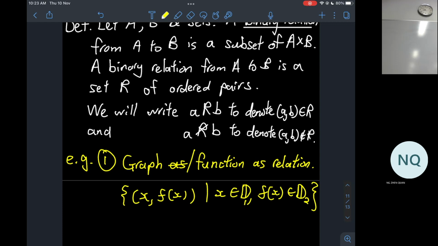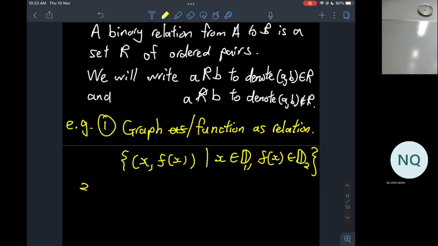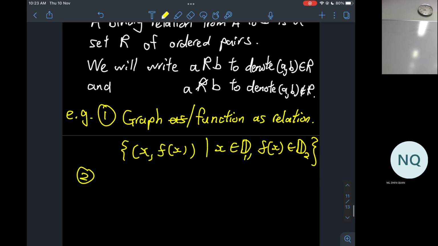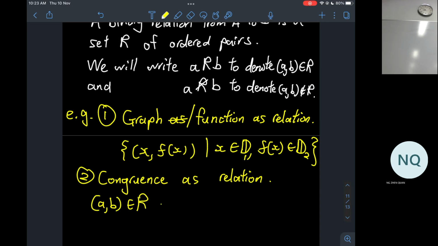Between sets, what are other relations? For example, congruences. We just finished studying that last week. The exam just passed. Congruence as a relation. We write (a, b) is in the relation if a is congruent to b mod m.